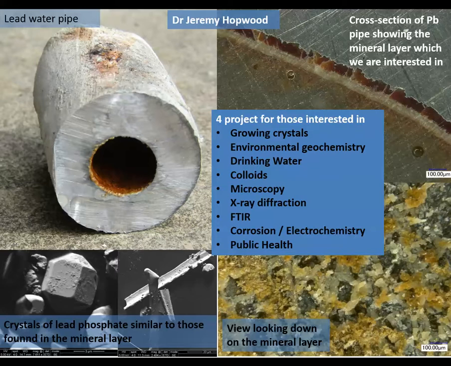Sometimes if phosphate is there, it can form lead phosphate. And what we want, if possible, is to encourage a layer to form on the insides of the pipe which is insoluble, so that any lead that comes off reacts and mineralizes and stays on the pipe and doesn't go into the tap water. So all the projects that I'm doing are basically concerning that.